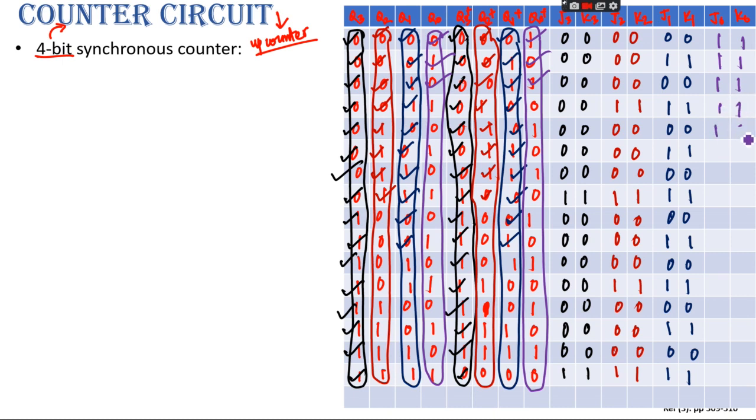So all the way it will be 1 1. You got my point, right?